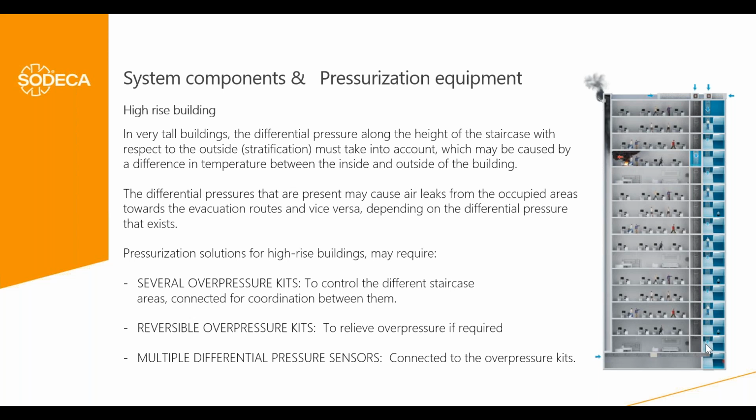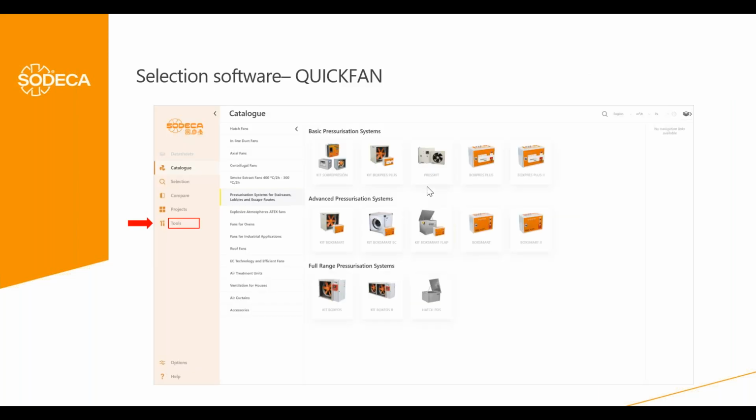Maybe reversible overpressure kits to extract air from the upper part of the staircase if, due to the stack effect, the overpressure is even higher than the maximum to allow the opening of the door. And also maybe multiple differential pressure sensors distributed along the staircase connected to the overpressure kits to choose if we want to operate with the average value, maximum value, minimum value, or some specific value of overpressure.